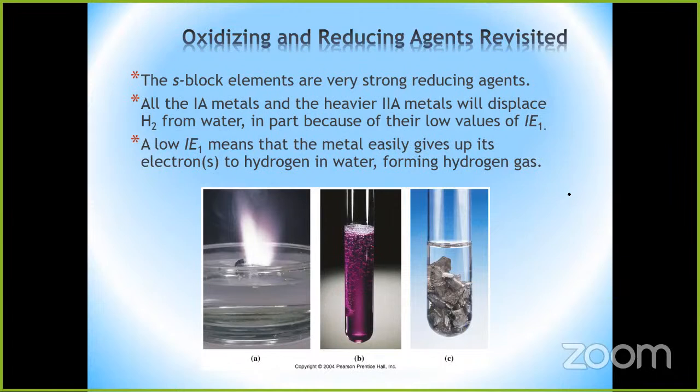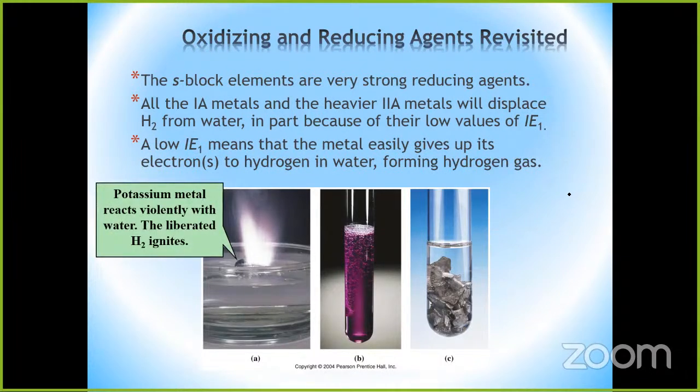What is being shown in these pictures is potassium added to water. This is very dangerous, depending on the size of the potassium piece. If you add a small piece of potassium to water, you have a very explosive reaction.